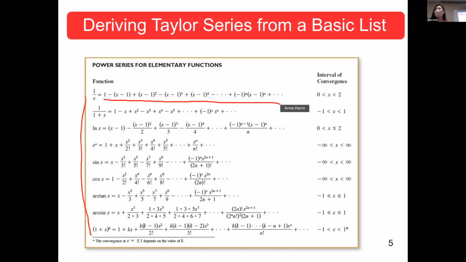You create these polynomials. That polynomial can estimate the elementary function. In fact, they're exactly the same. You see they're using an equal sign. So what they're saying is 1 over x, I can make it into this power series. Looking at this, it's centered at 1, right?